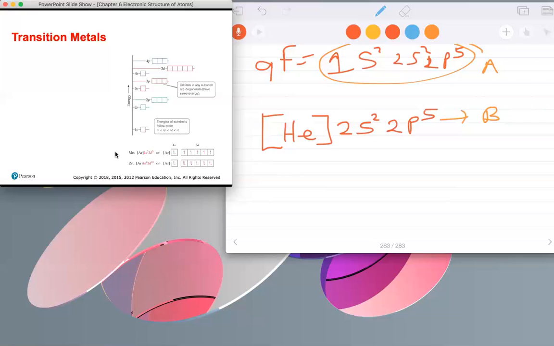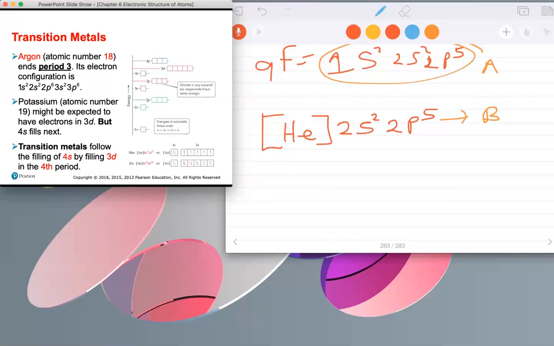As we did before, you can be asked to write in any form. So argon, number 18, to give you an example. Common mistake I see students making in transition metals is forgetting that 4S comes before 3D.